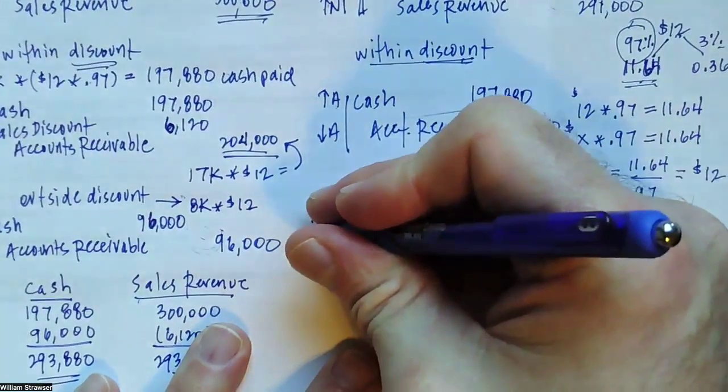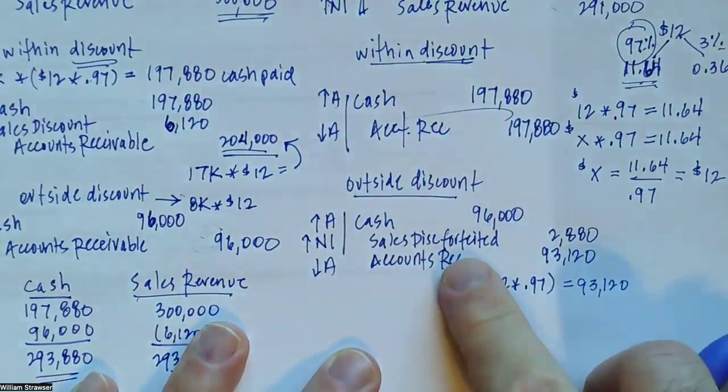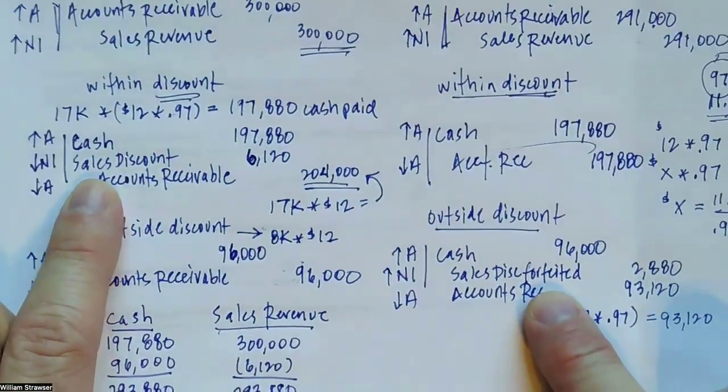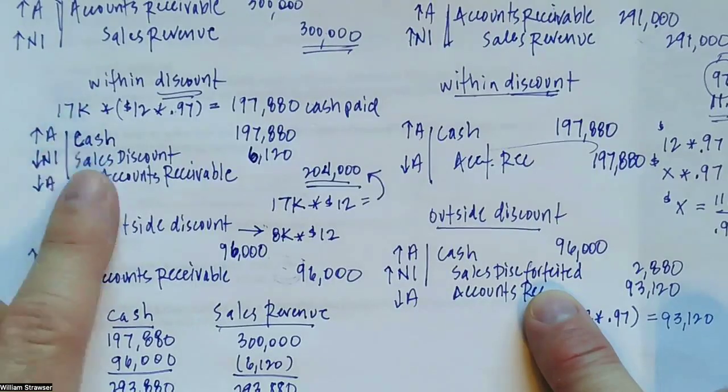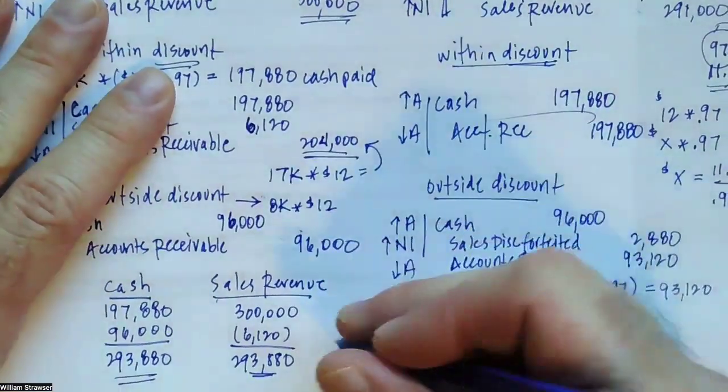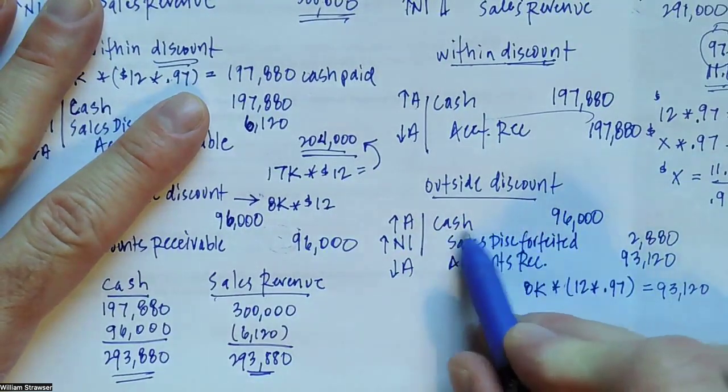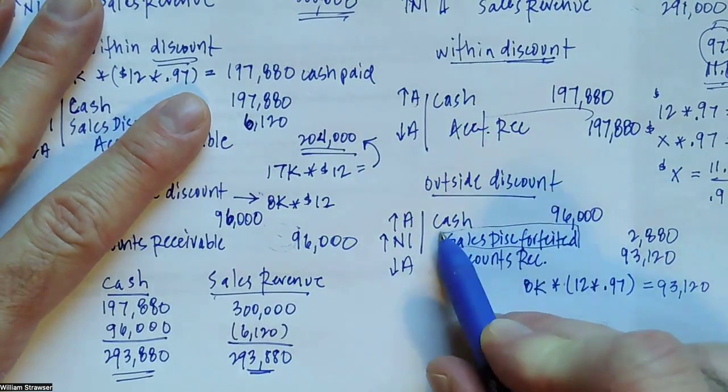Remember, the sales discounts forfeited is very different, in fact, than the sales discount. Sales discount is a contra revenue account, and this is just non-operating income.